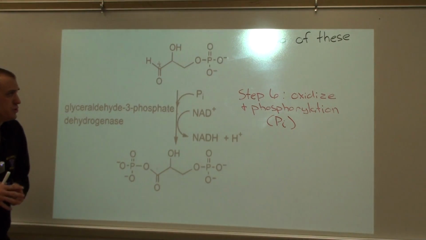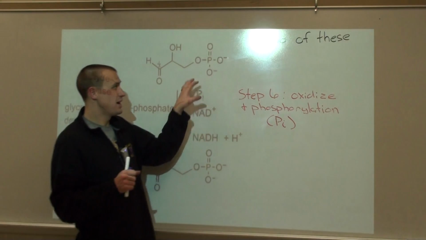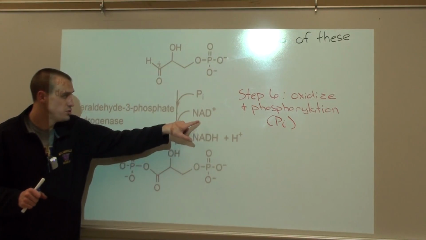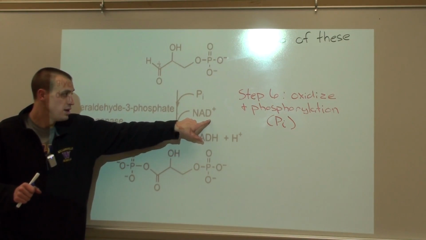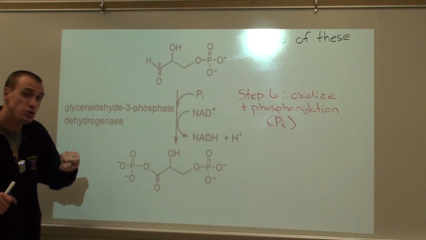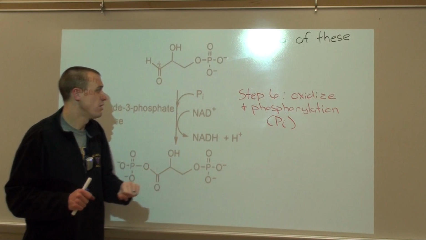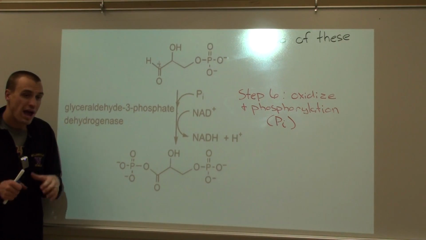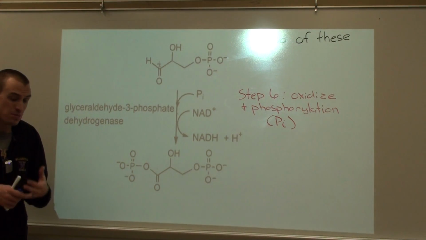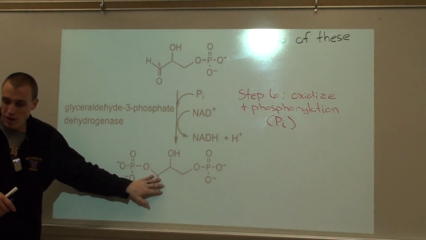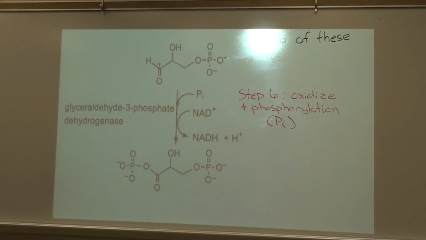That's what that's telling us. What we also do to help oxidize our molecule is we use NAD+, and that gets reduced to NADH and an H+ molecule. So at the end of step number 6 here, what we have produced is 1,3-bisphosphoglycerate.